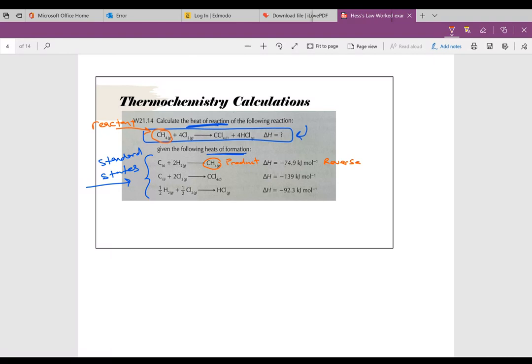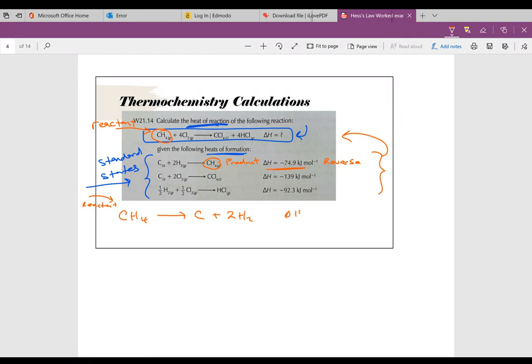So instead of it being C plus 2H2, I'm now going to write it CH4 to C plus 2H2, because now I have my CH4 as a reactant, which is what I want, given by the equation. So I want to manipulate the 3 equations here to get this equation on top.